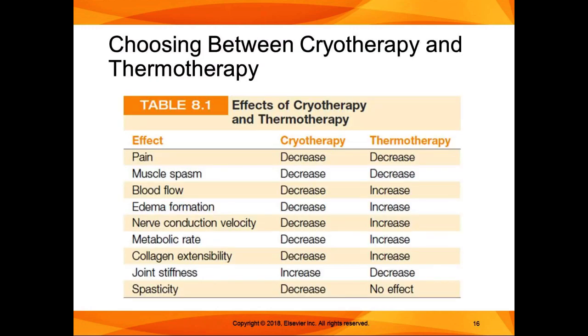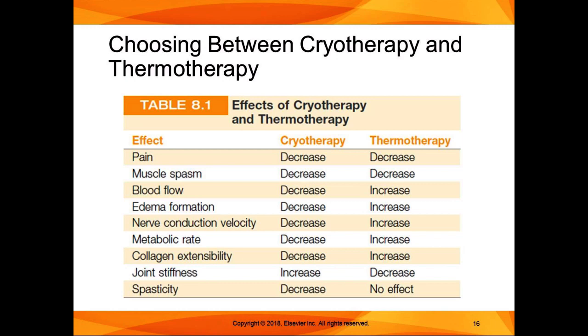So this is the choosing between cryotherapy and thermotherapy chart that we've seen before. Thermotherapy and cryotherapy both can decrease pain. They can both decrease muscle spasm. Thermotherapy increases blood flow, where cryotherapy decreases it. It also increases edema, where cryotherapy decreases it.